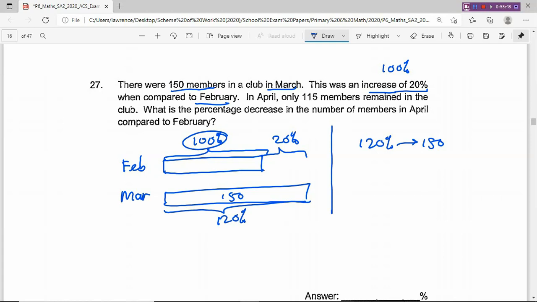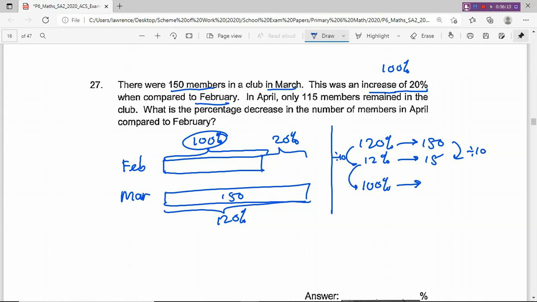So can I jump and do faster? Yeah, I can do faster. How to do faster? I want to find 100% is how many, right? How many in February? So I can actually divide by 10. So shortcut. Alright, so that you don't always have to keep finding 1% because you don't have a calculator. You need to do faster, so you do shortcuts. So divide by 10, you will get 12%, and divide by 10, you get 15, right?